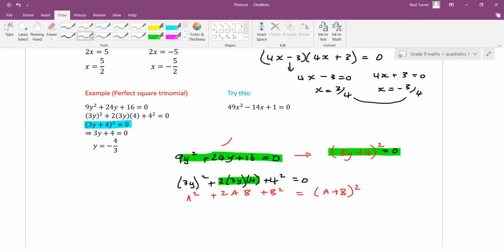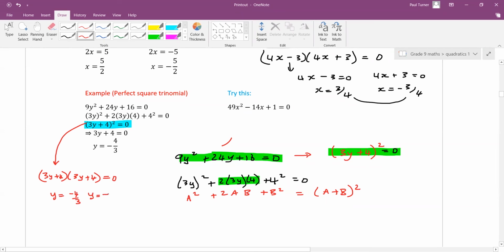So you don't have to do this twice, because what you've got is 3y plus 4. 3y plus 4 equals 0, don't you? That's the same as that. If you solve them, you're going to get y equals minus 4 on 3. And this one gives exactly the same answer. So we don't have to do it twice.